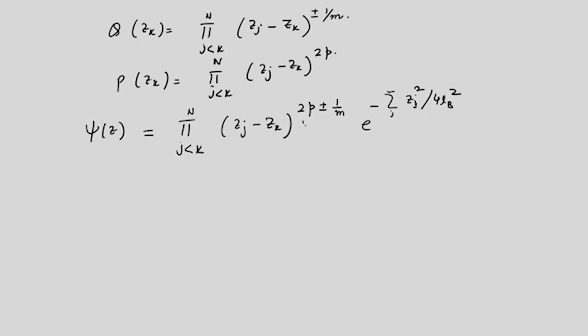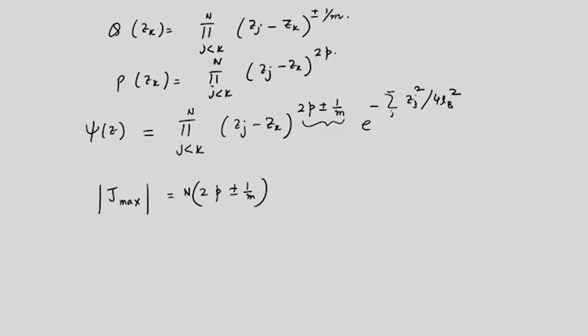Now, you can understand that, instead of just m, this gives you the total J max. So, the magnitude of J max becomes 2p plus or minus 1 over m, and I will have to multiply it by N because there are N electrons. Okay. And I am just talking about the magnitude. So, this is N electrons times 2p plus or minus 1 over m.